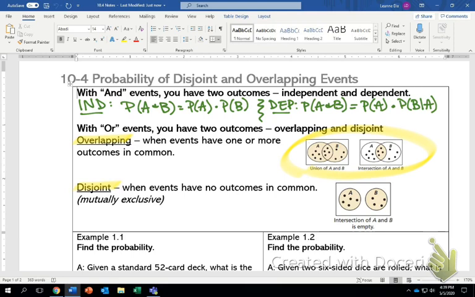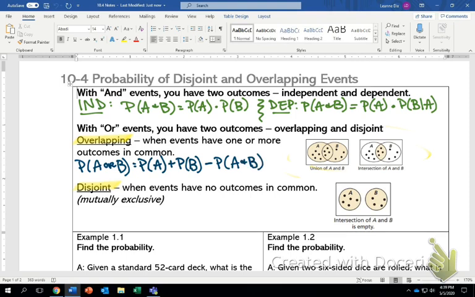And so we would have overlapping numbers in those particular cases. The formula for at least overlapping, I should say, is going to be: the probability of A or B equals the probability of A plus the probability of B minus the probability of A and B. Let me explain that for a second.